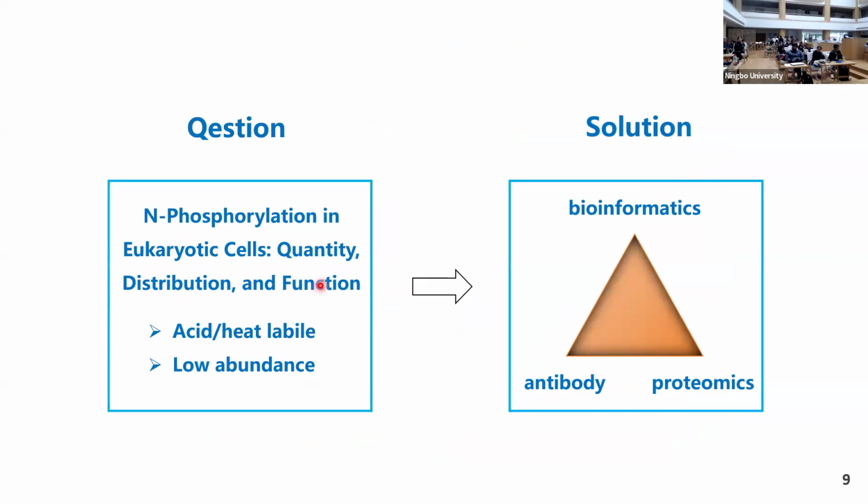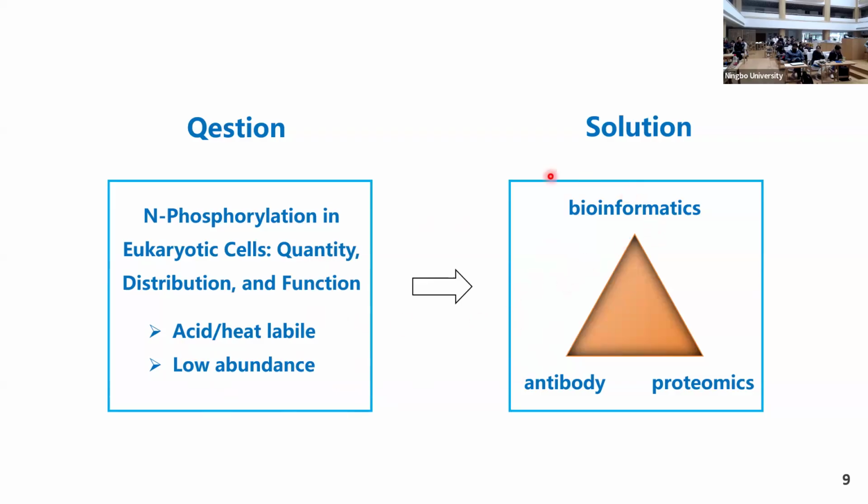We want to know the quantity, distribution, and function of this kind of modification. But there are some challenges, especially the acid and heat labile property and the low abundance.